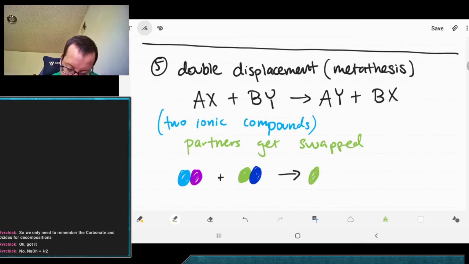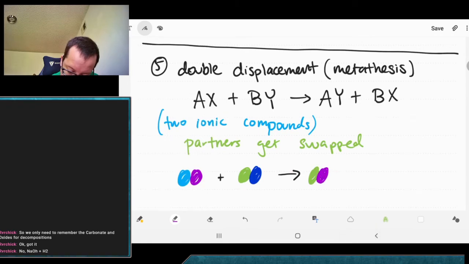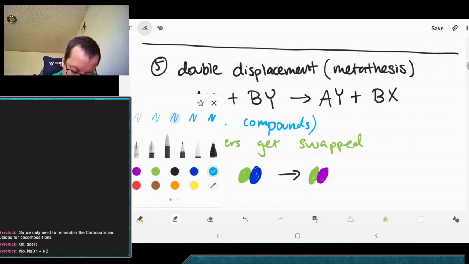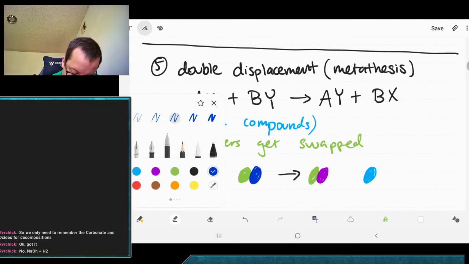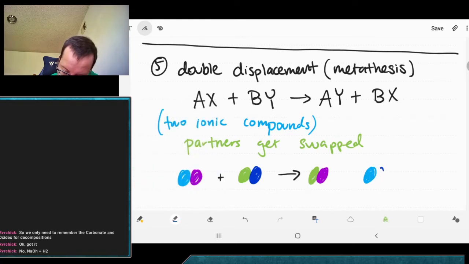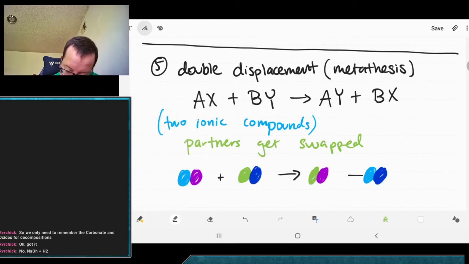So you'll have green dot with purple dot, and then the two blue dots together. Ta-da! Colorful and pretty. So they'll just swap partners.